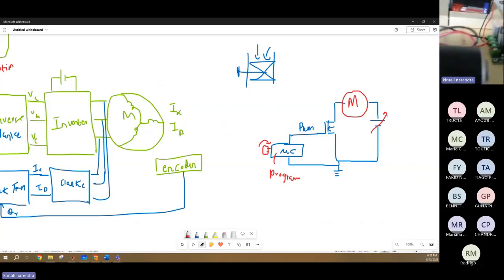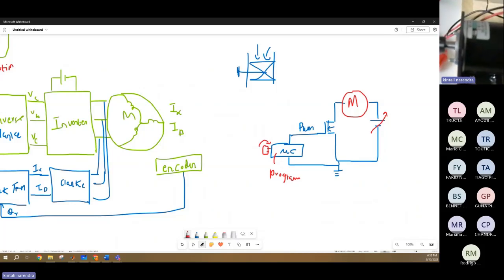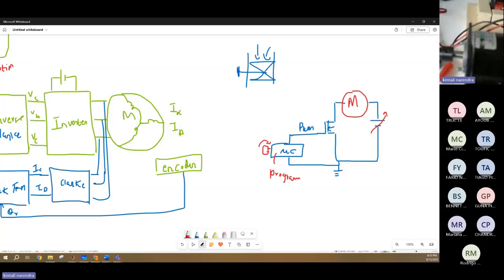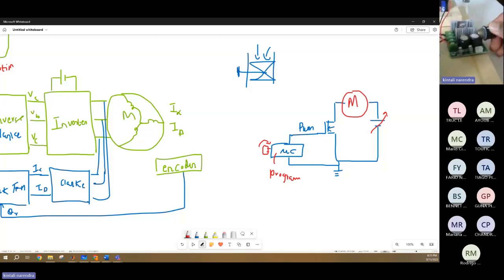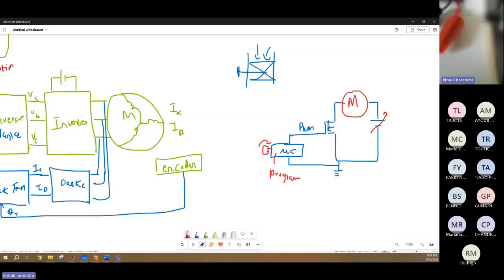If the amount of current changes, the speed at which the motor rotates will change. See, on the motor, I have a small pin just to identify the speed at which it is rotating. See, I'm increasing the knob now. You can see the speed of the motor is changing. Now I'm reducing the knob. Now the speed of the motor is reducing.